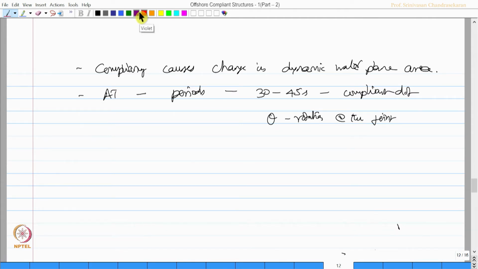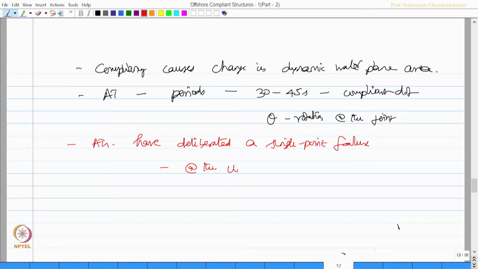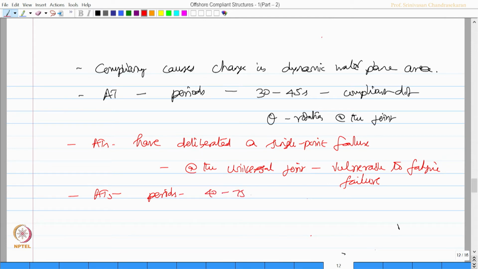In addition, as we just now saw, ATs have a deliberate single point failure. Can you guess where the failure would happen? Yeah, it will happen at the universal joint. So, universal joints are vulnerable to fatigue failure. Some designs of AT also have periods extending till 45 to 75 seconds as well.